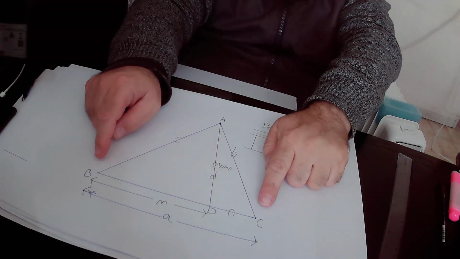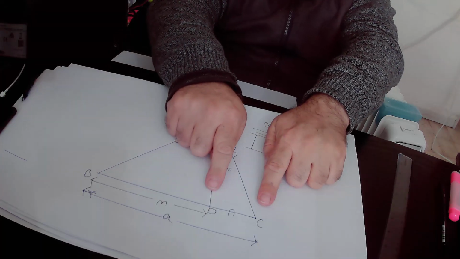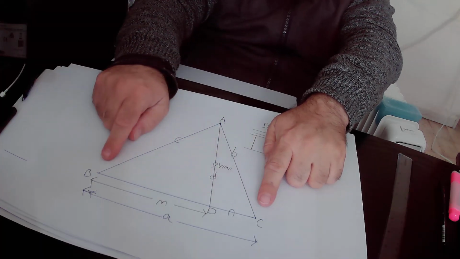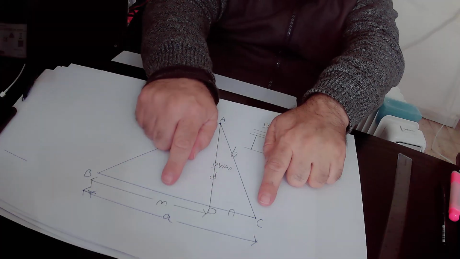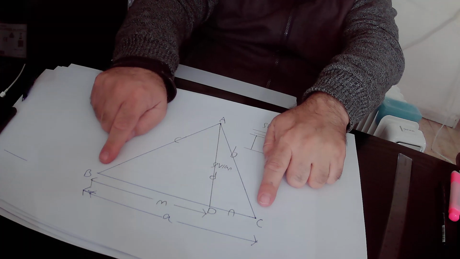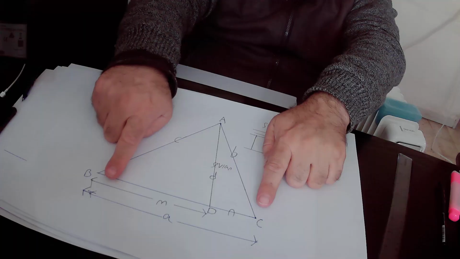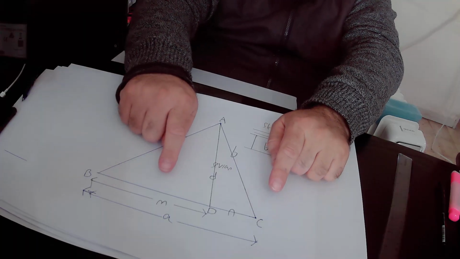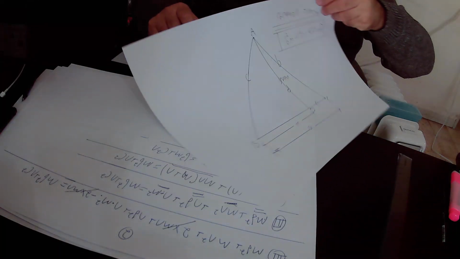From the other side, it is very easy to see that BC equals to BD plus DC. So BC equals to BD, that is M, plus DC, that is N. So BC equals to M plus N from the other side, and from one side it is equals to A. Therefore A equals to M plus N.